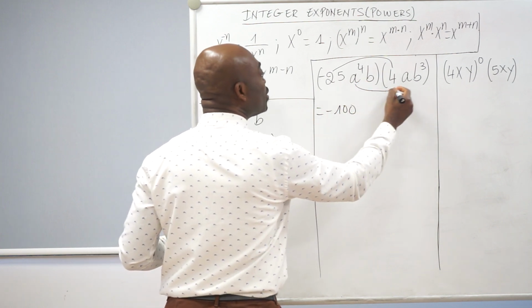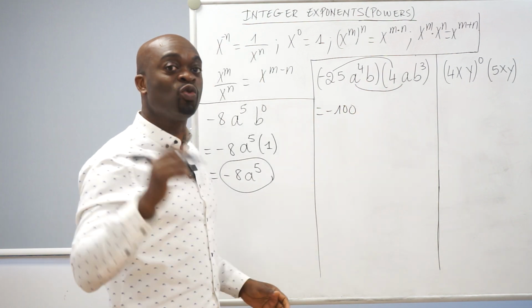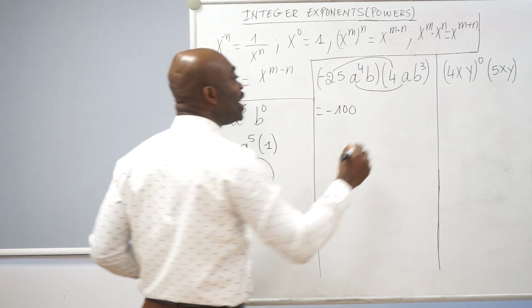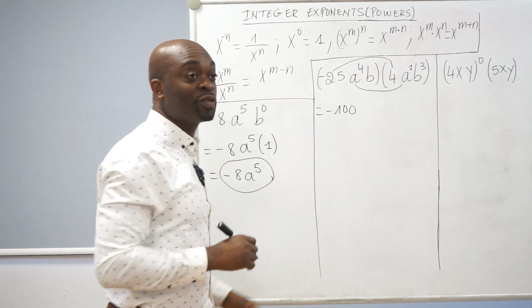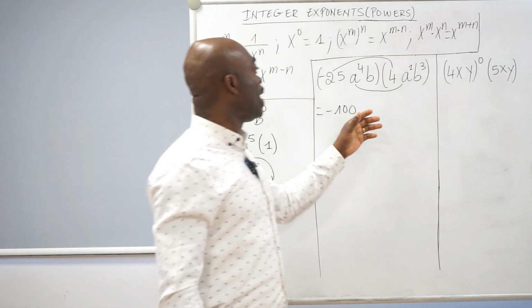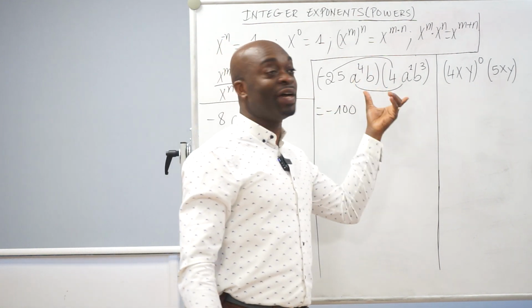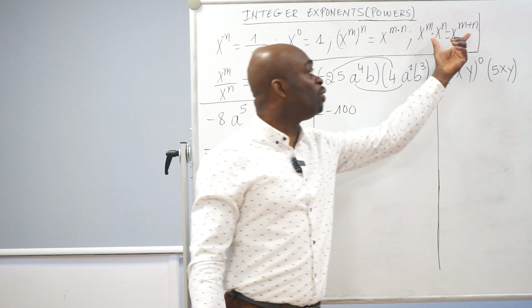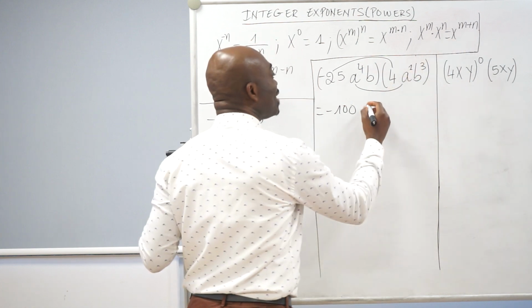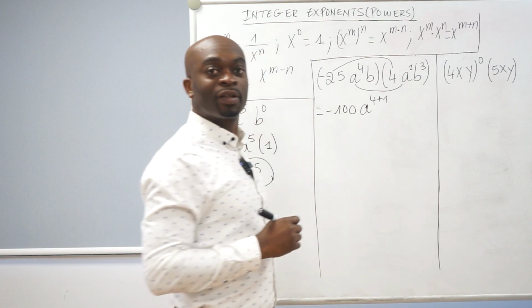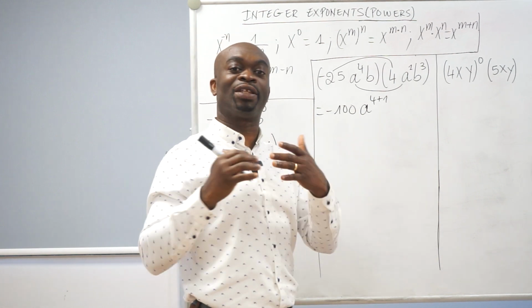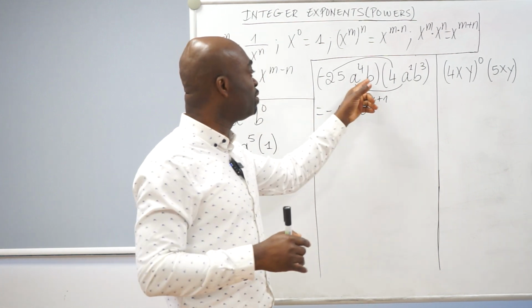All right, so now what else can we combine? We can combine a to the 4th times a to what? What's the power for a? There is an invisible 1 here. Okay, so it's a power 1. So when we multiply them, what do we do to the power we said? We add the power, so that is 4 plus 1. And then we continue with now the next base, which is b, right?